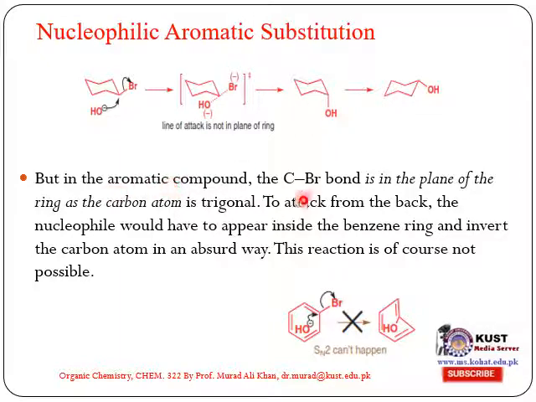But in the aromatic compound, the carbon and leaving group bond, the bromine bond, is in the plane of the ring, as the carbon atom is trigonal. To attack from the backside, the nucleophile would have to appear inside the benzene ring and invert the carbon atom. This reaction is of course not possible here.